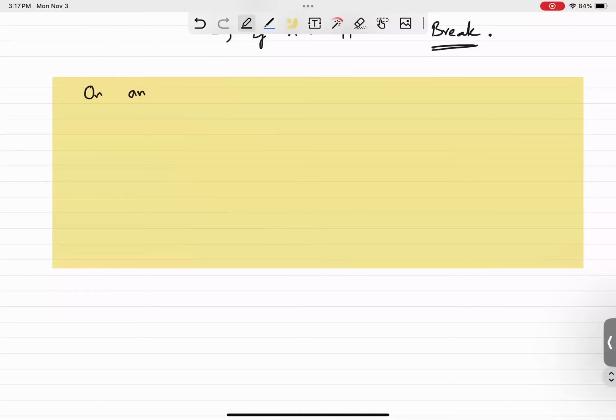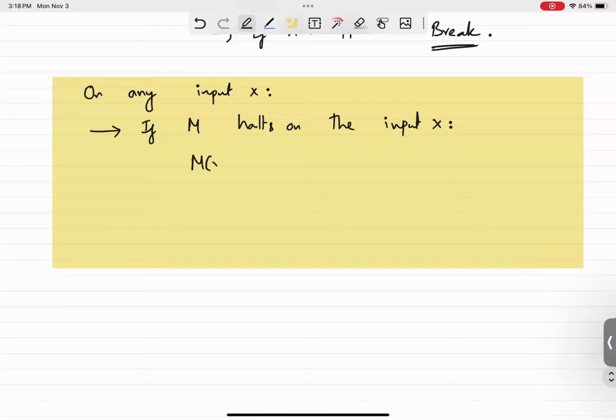So on any input X, if the machine halts, if you ever hit the halt state, meaning you're halting, then the output is whatever is written on the tape until where the head is pointing to.